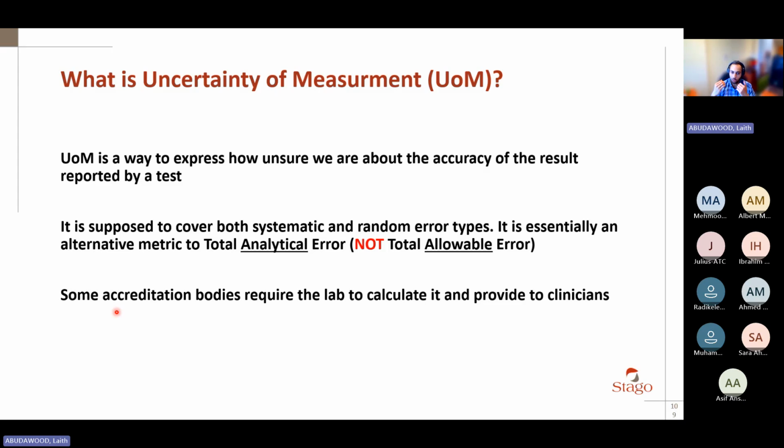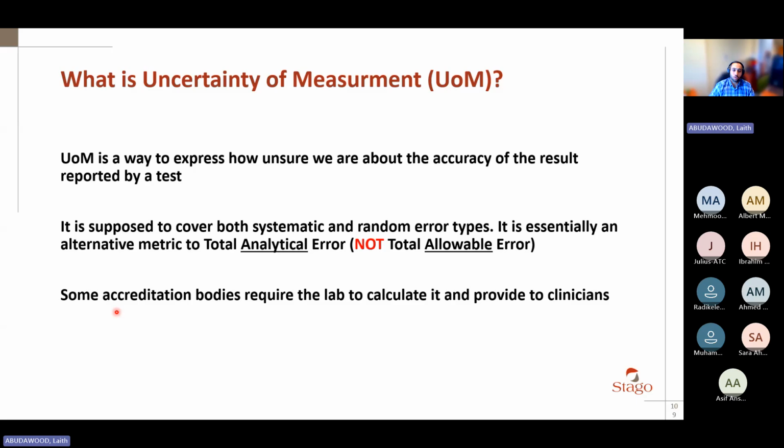Remember what we were talking about yesterday? Total analytical error is a way to estimate the amount of bias, the amount of imprecision that I have in my measurement. Uncertainty of measurement is something very similar. It gives you an estimate of how much bias, how much imprecision is in your measurement. So they are two different terms that describe pretty much the same idea.